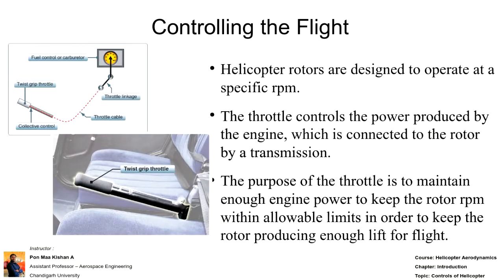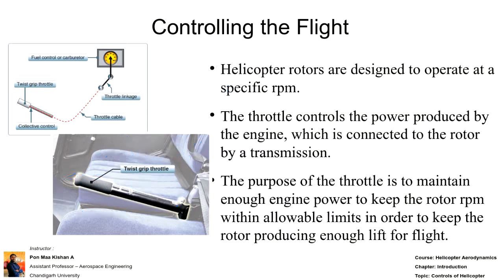The second one is throttle control. It will be available near the seat. If this is the pilot seat, there will be a control system called the collective control, sorry.